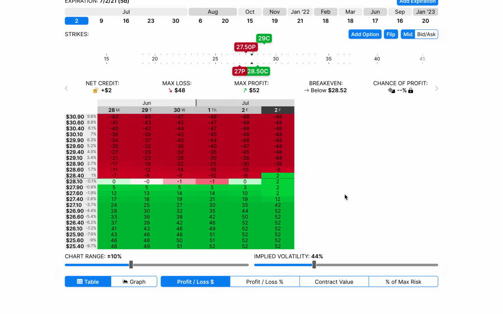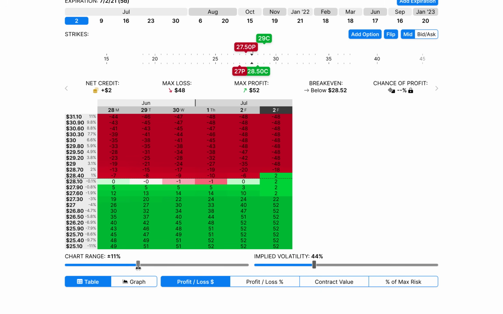And so let's take a look at what this would look like then. So again, you can mess around here with the chart range if you want to see more, you want to see less. So let's just go right here, I'd say. So ultimately, by the expiration, what do you want to happen? Ideally, you want the stock to be under the strike of the put that you sold, right? That 27 strike put, because if it's at 27 or under, we make $52.